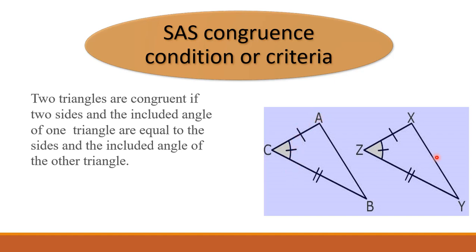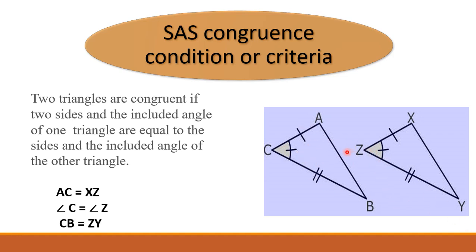That is, in these two triangles, AC and BC have the angle C, which is the included angle. And in triangle XYZ, the sides XZ and ZY include the angle Z. So angle Z is the included angle. So in this figure, we can write that side AC is equal to XZ, angle C is equal to angle Z in measurement, and side CB is equal to ZY.